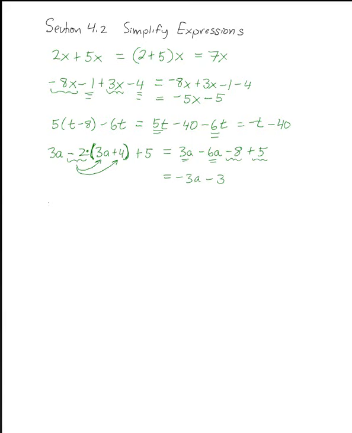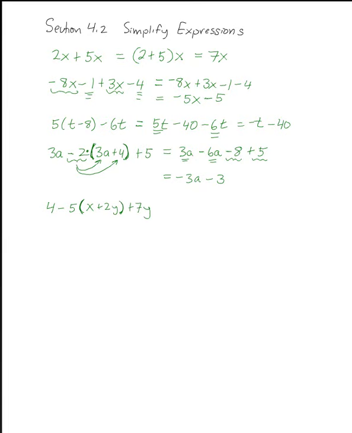How about 4 minus 5 times x plus 2y plus 7y. Again, follow the order of operations very carefully. This is one where I will see students make a very simple mistake. All right, so I see parentheses. I look at my parentheses.